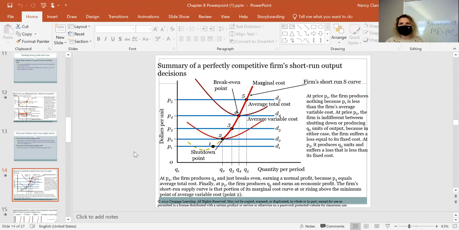Here's the interesting thing about being in a perfectly competitive market structure: the price is determined for you. So it's a crapshoot, right? You actually don't know what price you're going to get, but it's important for you to know what prices work for you, what prices allow you to operate, at least in the short run, hopefully in the long run, and which prices are a no-go for you.